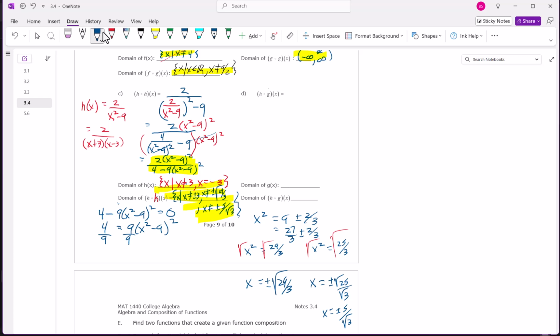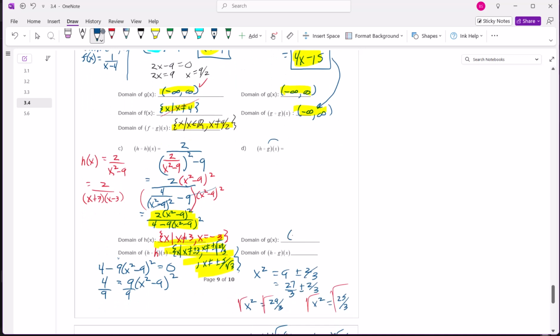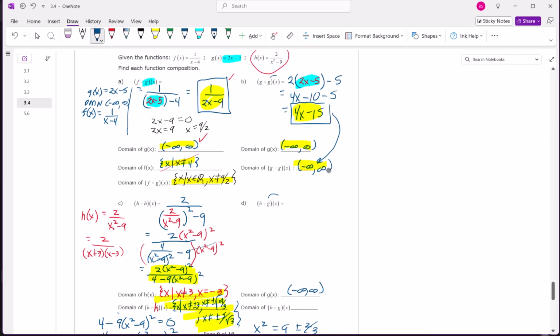Okay, next one, g of x. If we do the domain of g of x, that again is 2x minus 5, so that's all real numbers. Now if we do h of g of x, we're going to write down h, which is 2 over something squared minus 9.